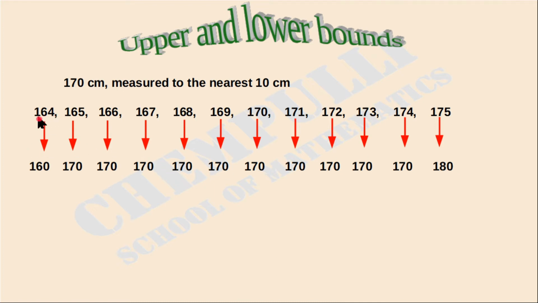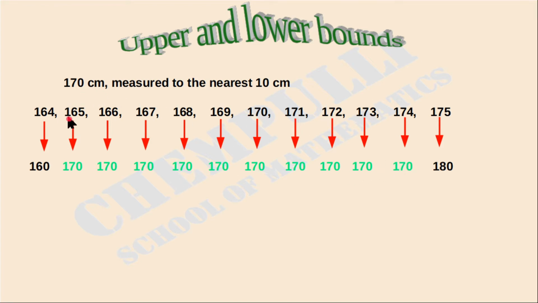Here we rounded these values to the nearest tens, and these are the values we got. Then here you can check one part: this 165, when we round to the nearest tens, we got the value 170. Then up to 174 we got the value 170.